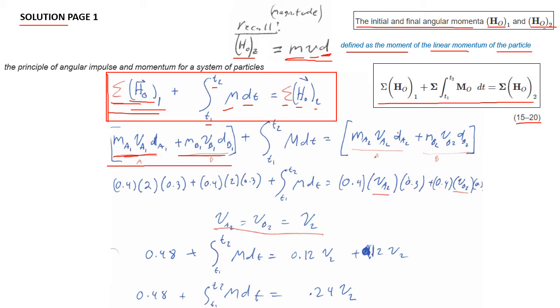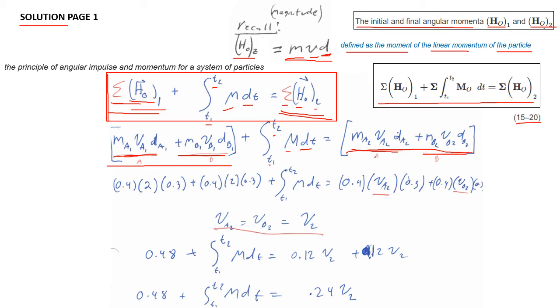Then we have our integral from t1 to t2 of M dt, so we're just going to leave that as it is for now. Then we go to the right-hand side for H_O2, again the summation for mass A and for mass B, now at m_A2, v_A2, d_A2 plus m_B2, v_B2, d_B2.